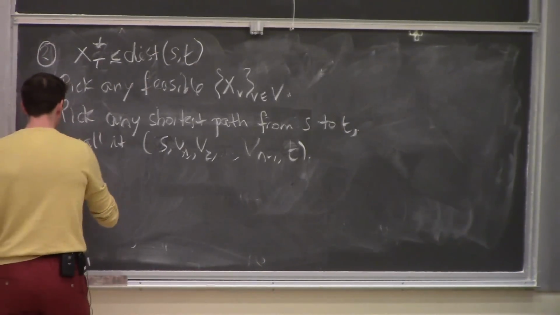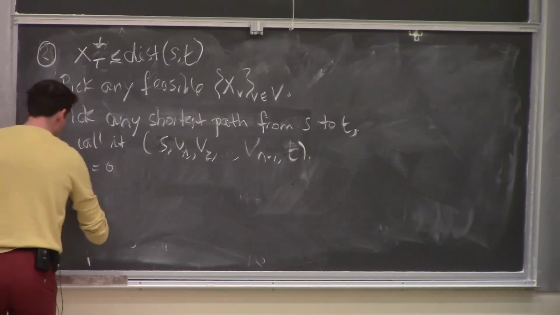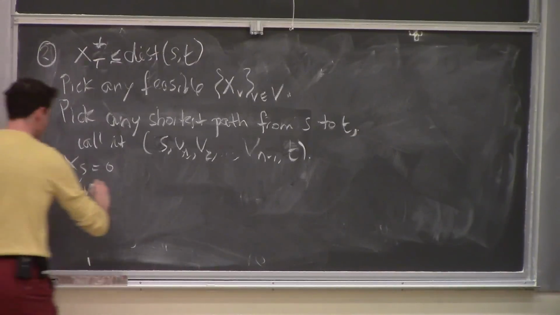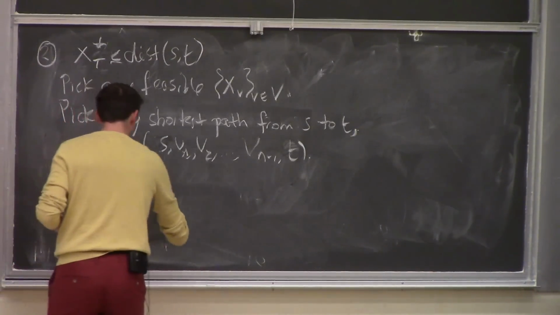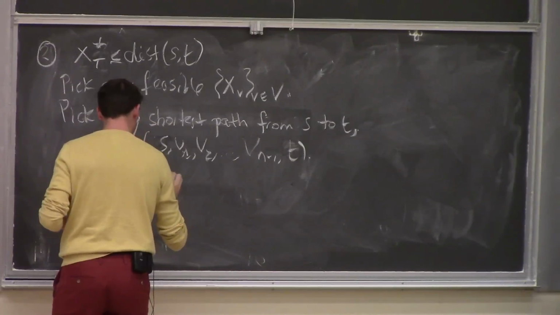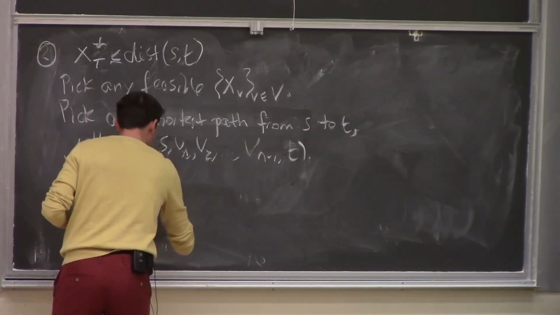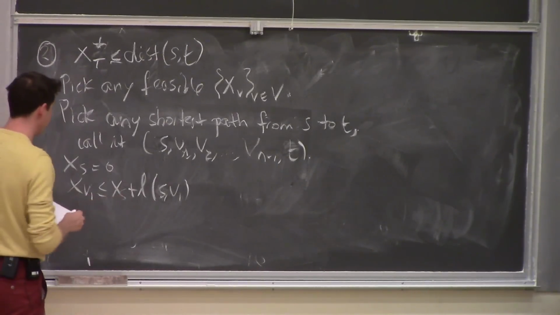So we know that xs must equal 0. xv1 is at most xs plus the length going from S to V1, sorry. Right? I'm just invoking this inequality for the edge SV1.